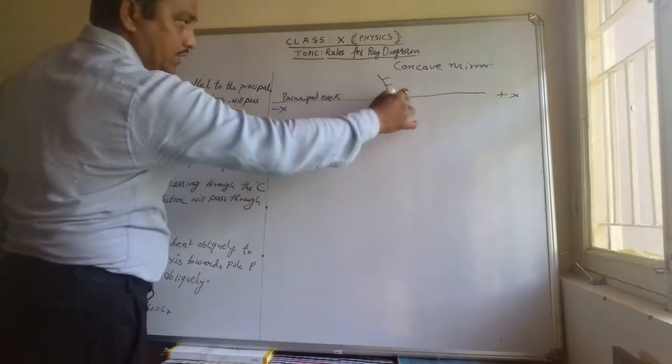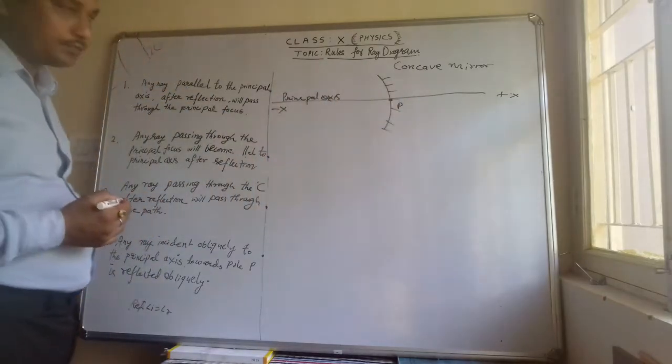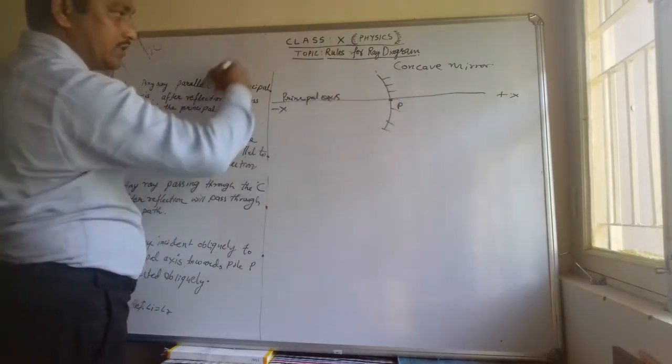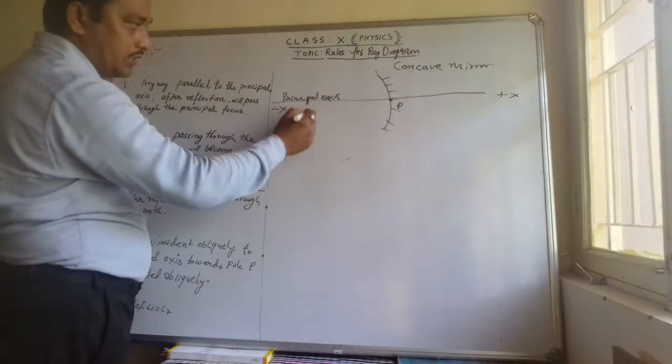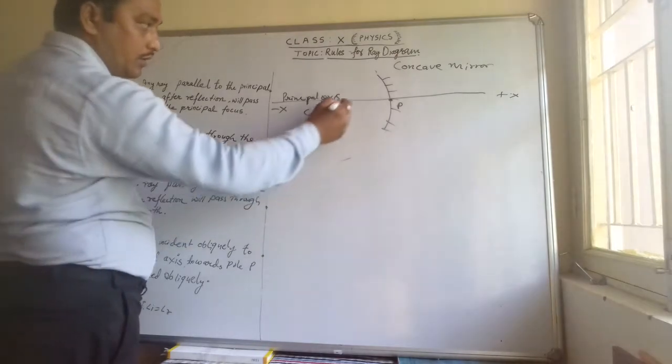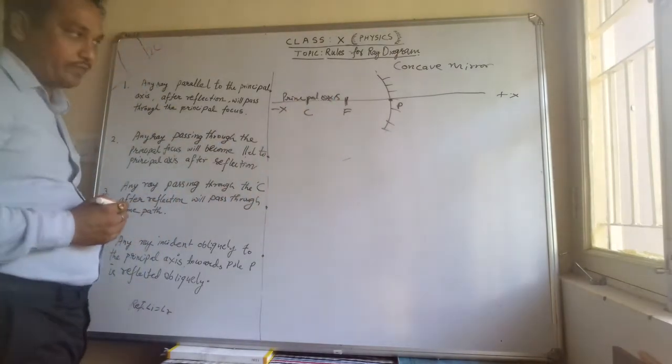It is kept here such that the pole is on the axis like this. This imaginary circle is formed, as you are aware. So this is the center of the circle, the center of curvature C, and this is the focus F.